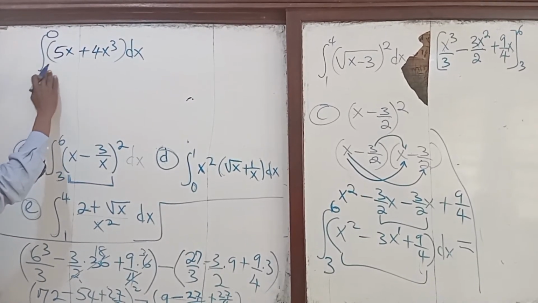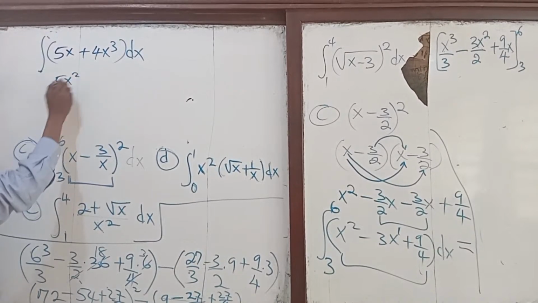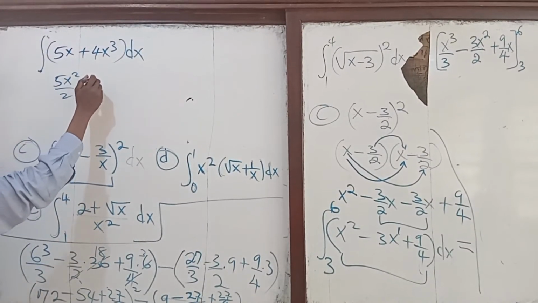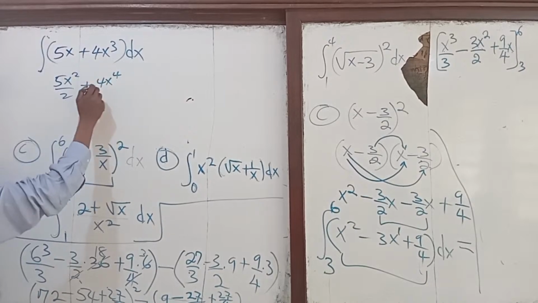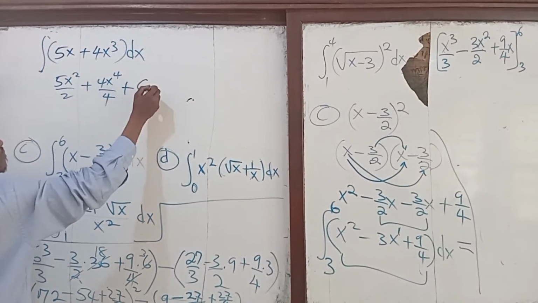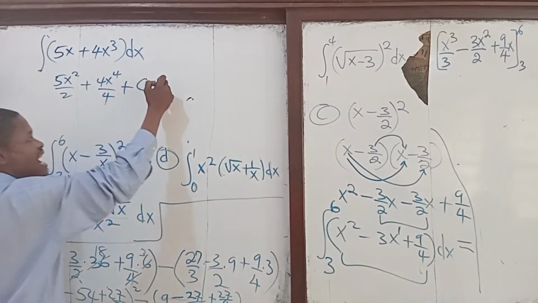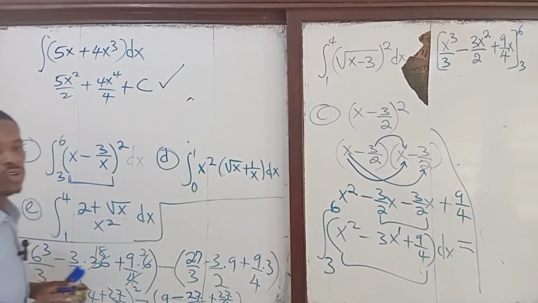Okay. So if you solve this one, you are going to have 5x squared over 2 plus 4x to the power 4 over 4. Okay, then plus what? Plus c. So when you solve indefinite integral, you must add plus c to your answer.